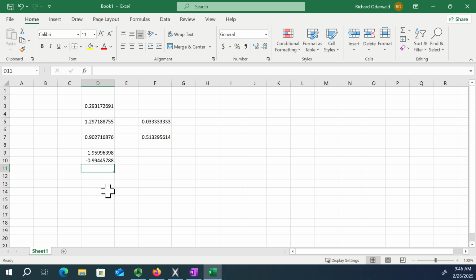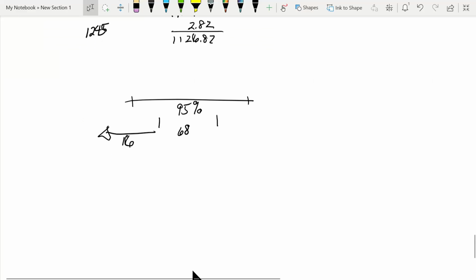What about checking the other end? I want to check this. This should be about plus 1. How do I look this up? What's the area to the left of that point on the curve? 68 in the middle, half of that on each side. I got 16 here, 68 there. How much do I have coming up? 84.